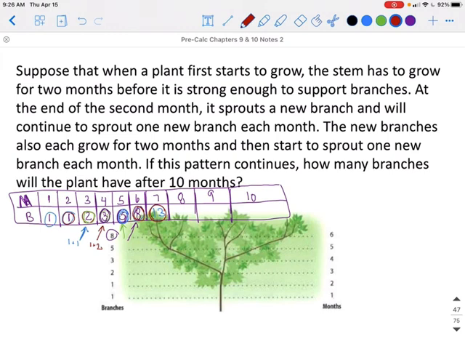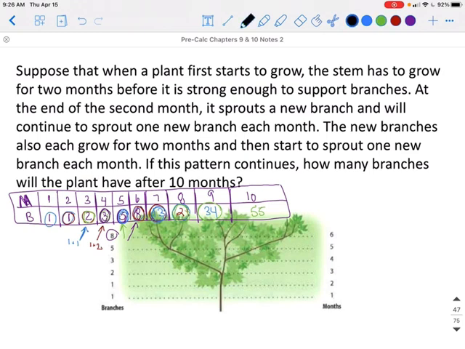8 plus 13, if we add those together, month 8 we should have 21 branches. 13 plus 21, if we add those together, you should have 34 branches. And if we do 21 plus 34, add the two previous together, we will end up with 55 branches at month 10.